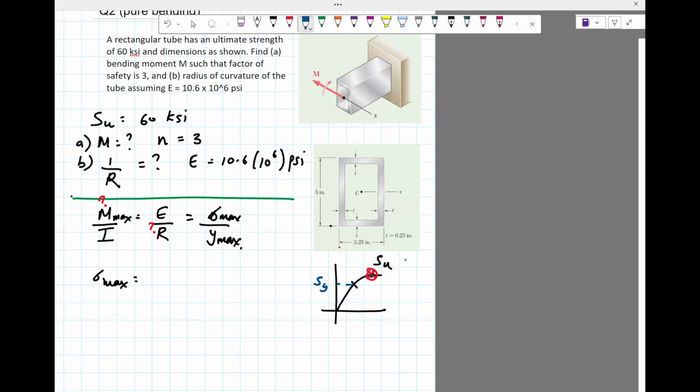So even though SU is 60, they don't want you to use 60. They want you to use SU divided by 3, so that will actually reduce it. The definition of N is SU over sigma max. Some people use SY, some people use SU. That's just a designer's choice. So in this case, sigma max will be SU divided by N, so it'll be 60 divided by 3.